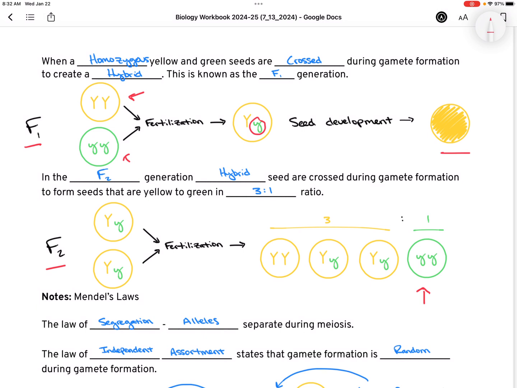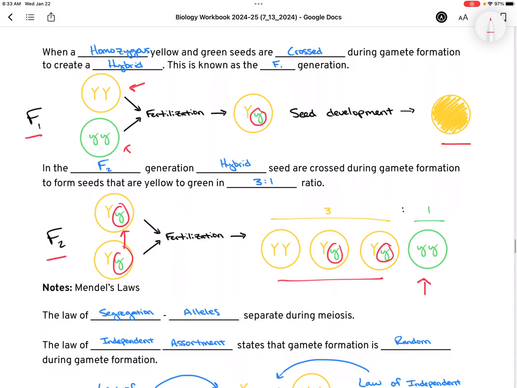And what he realized is that when we're working with this second generation of hybrids, the dominant trait was overpowering the recessive trait. And then when you happen to get two of these little y's mixed together, we ended up getting a green seed. It was just coming up randomly, and it always came in a 3-to-1 ratio. And so he was able to make predictions because of this. He was putting pea plants together, and he was starting to see these differences.